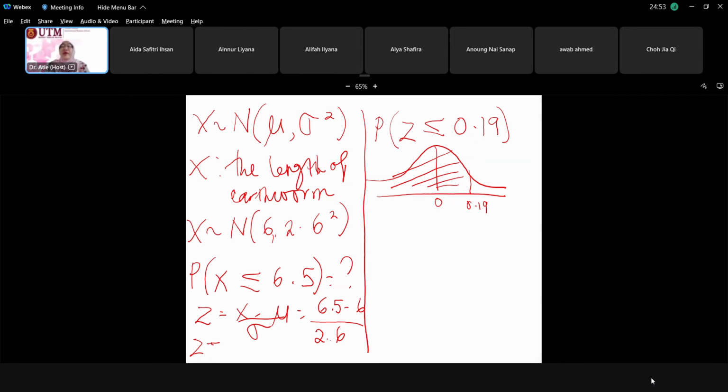In order to find this area, remember the table gives us whatever is on the tail side, so we just need to find 1 minus whatever is in the tail given in the table, and then we will get the probability. So 1 minus, can somebody tell me what is the probability for 0.19 from the table? 0. What?